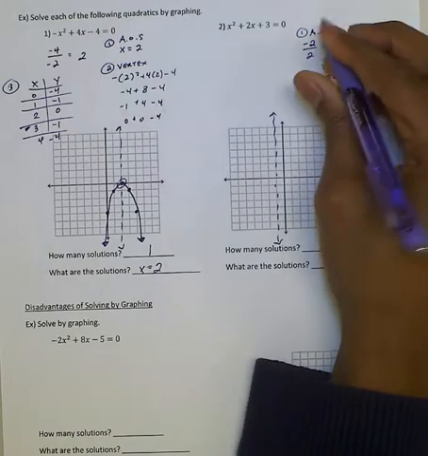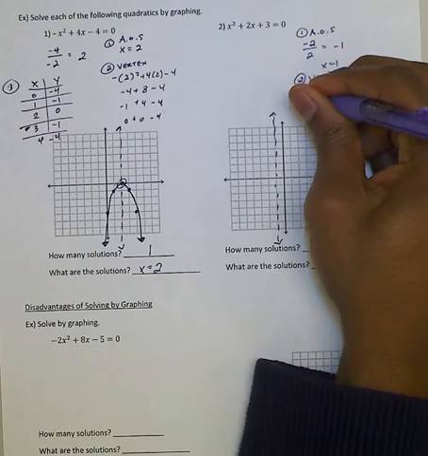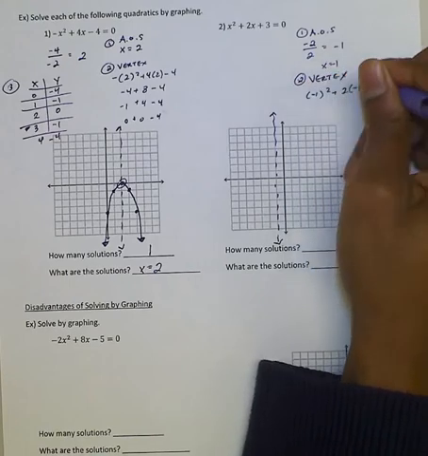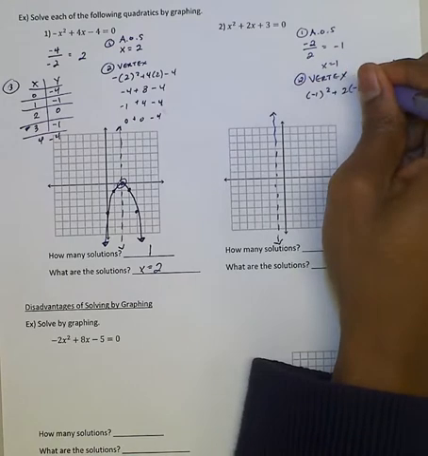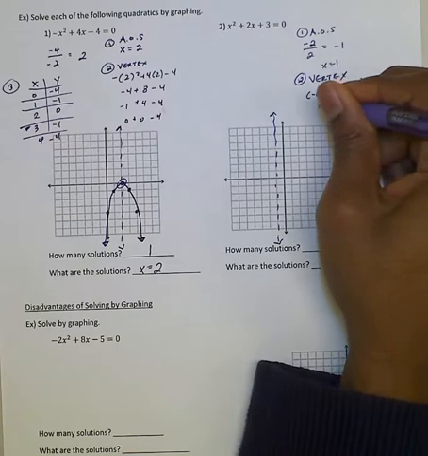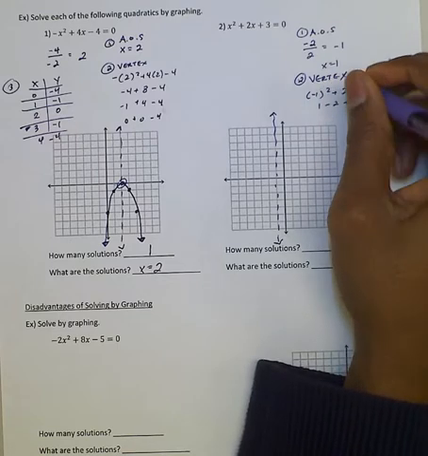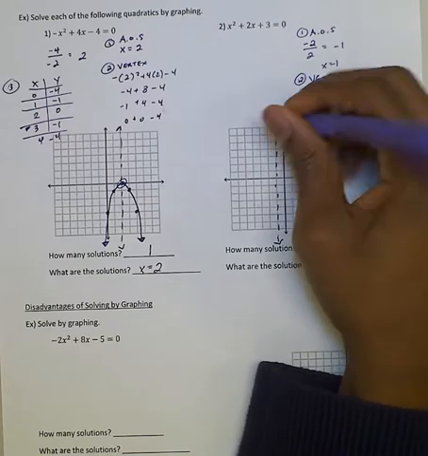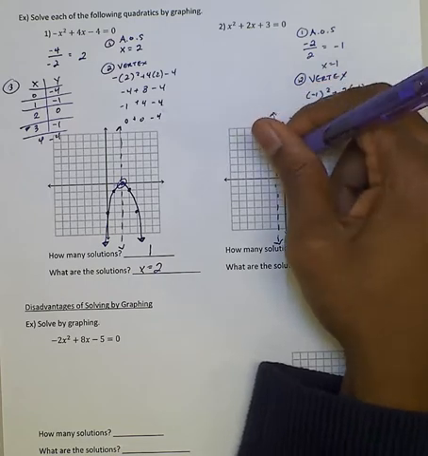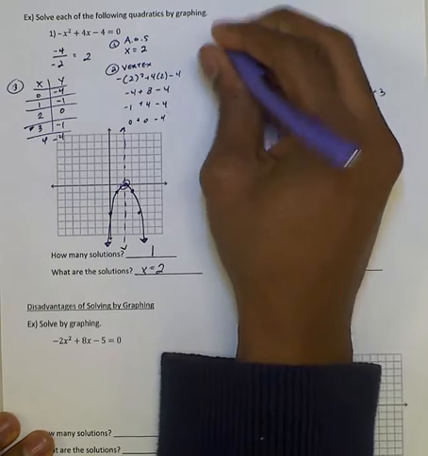So I plug negative 1 in, negative 1 squared plus, excuse me. Okay, plug that all in, that's 1 minus 2 plus 3. So it's negative 1 plus 3, which is going to be 2. So our solutions are not our solution. Our vertex is at negative 1, 2. That is the center of our table.